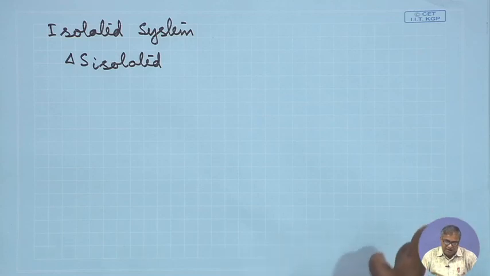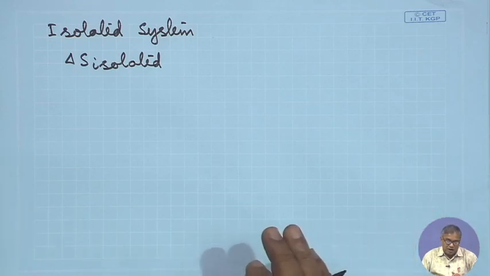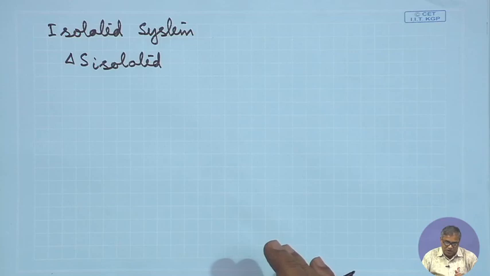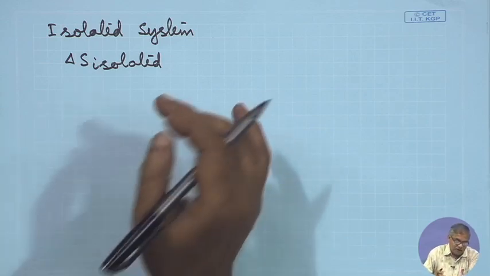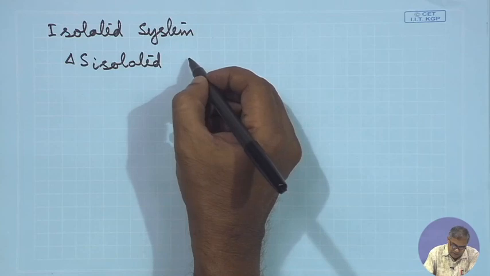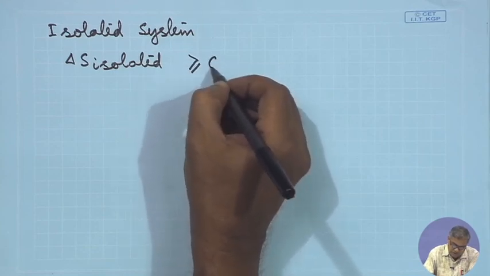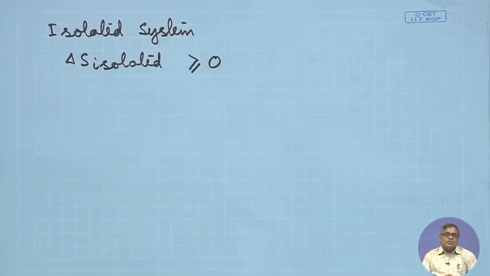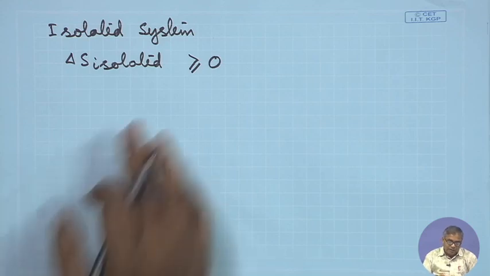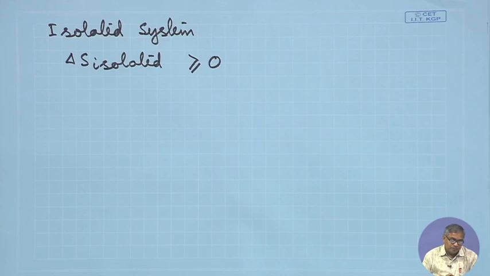Initially, let us say the state point is equal to 1, and finally, the state point is equal to 2, and for that process we want to calculate what is the change in entropy. So, delta S isolated will be greater than or equal to 0. For an isolated process, the change of entropy is greater than or equal to 0.